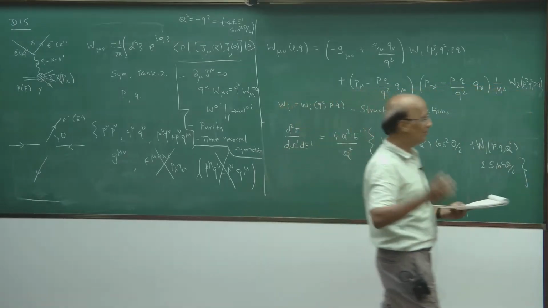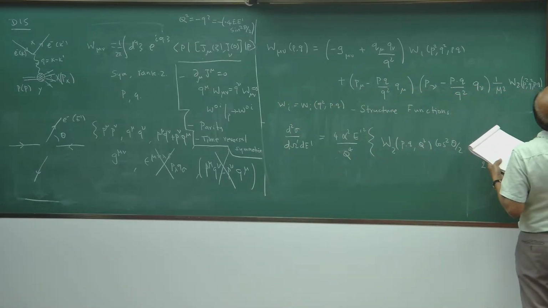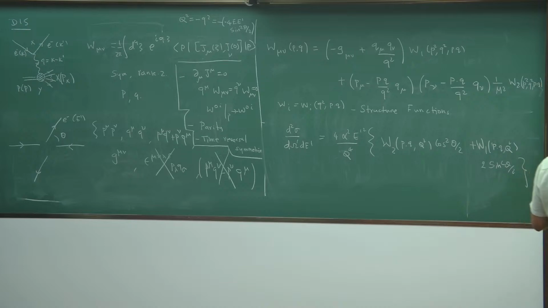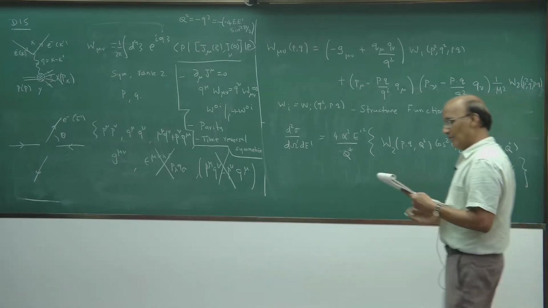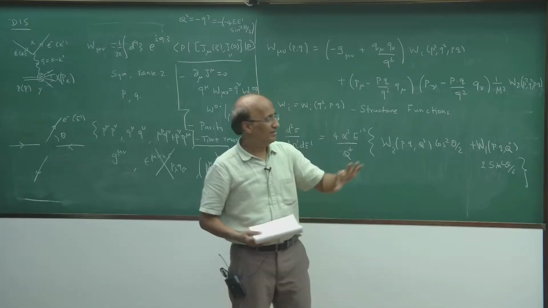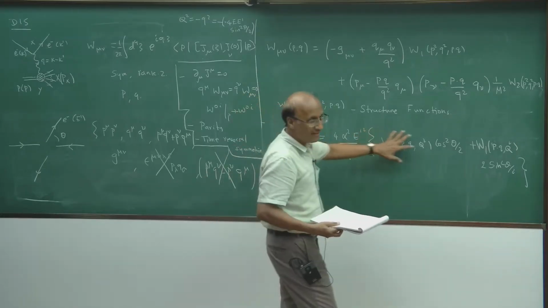Bjorken, of course, every one of you knows, because nobody would miss reading the book Bjorken-Drell. Bjorken was the one who made a very important observation on this W1 and W2.